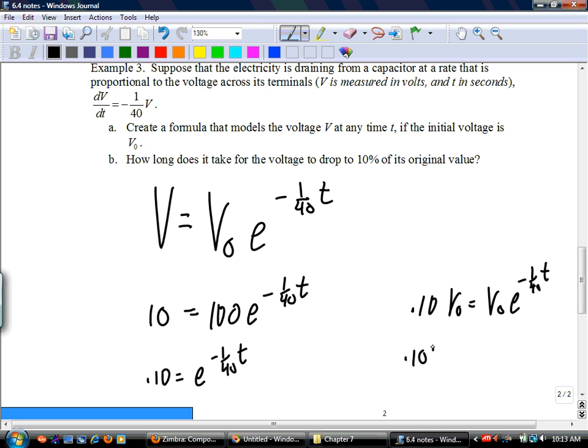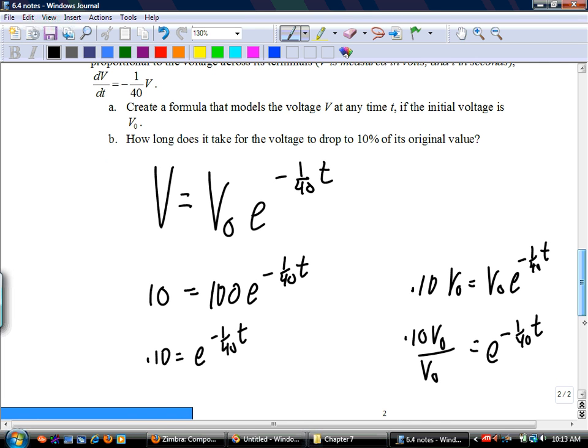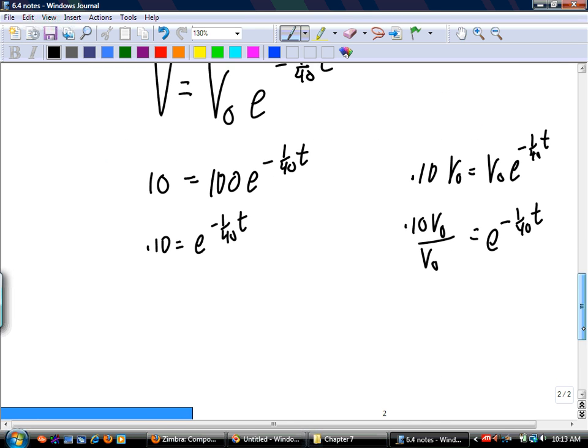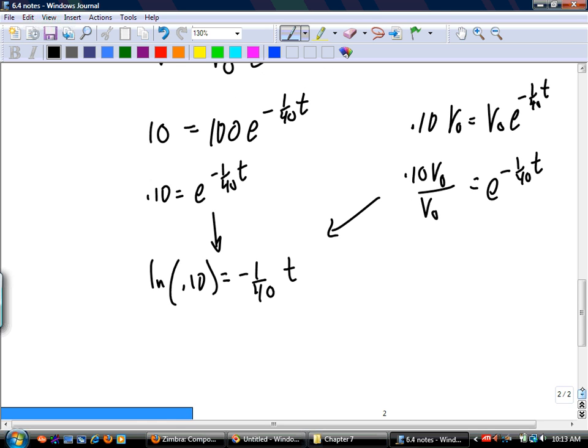Here you get 0.10 V0 over V0. Then ln, and then you multiply by the reciprocal. And you're finished.